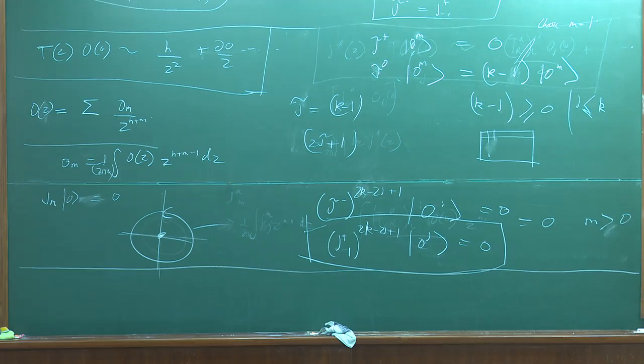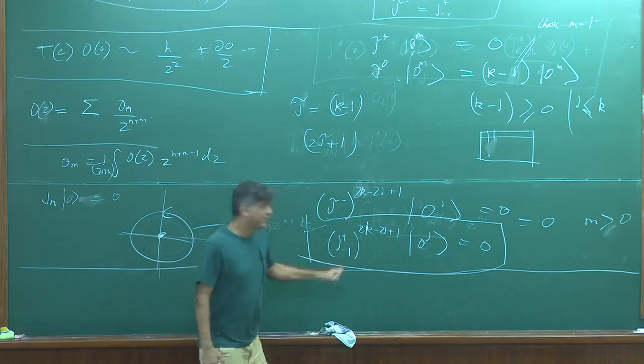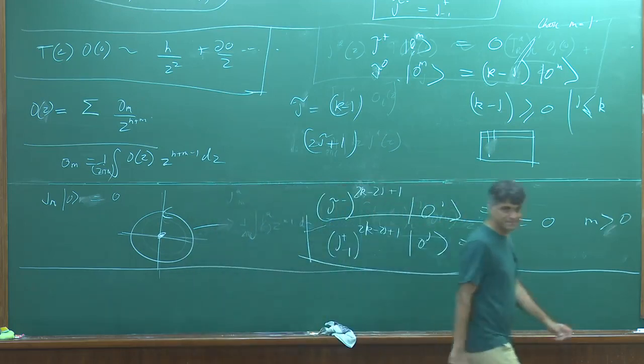And what I'm going to try to do in the rest of this class is follow Gepner and Witten to extract the content of the constraint that comes from this null state.